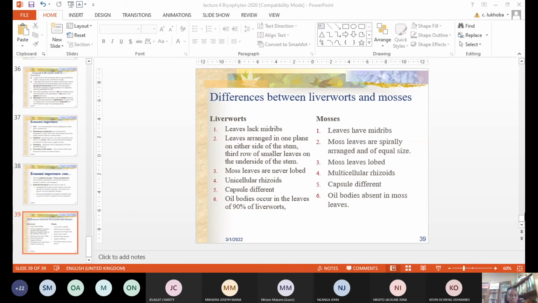Do you know Mutiso? The technician. You'll get the handout from Mutiso so that you can circulate to members. So we'll meet on Friday, 9 o'clock in the general lab. 9 o'clock.